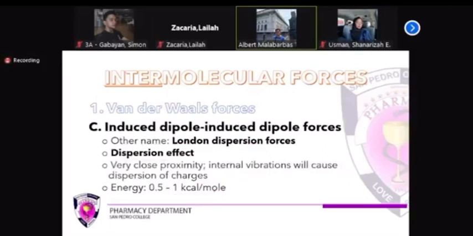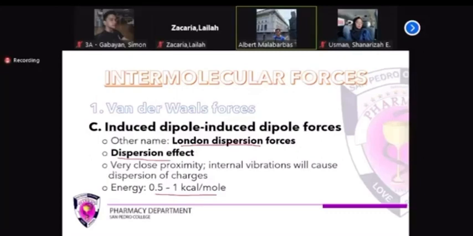And the last one is your induced dipole forces. The other name is London dispersion force or simply dispersion effect. It's the attraction between two non-polar molecules. The energy is around 0.5 to 1 kcal per mole.